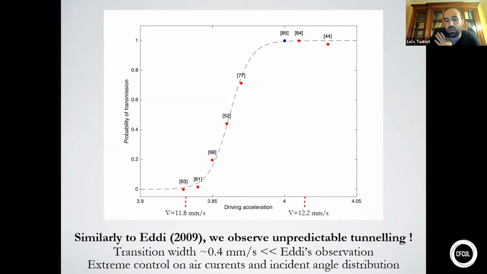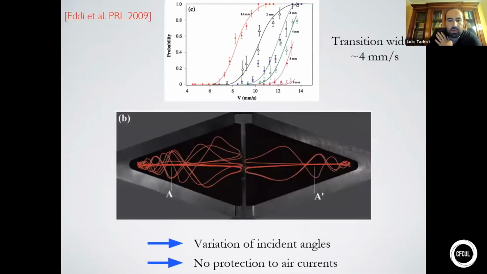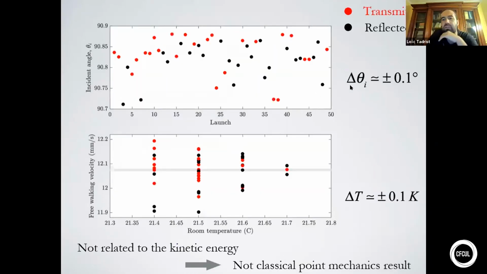So this is due to the control of air currents and reproducible incident angles. Basically, we have a deviation in incident angle of 0.1 degree, and we had free walking velocity that does not depend on the room temperature, which was controlled, but there were some variations.